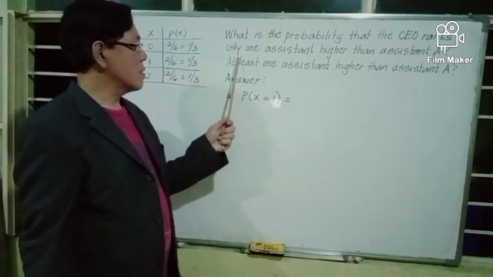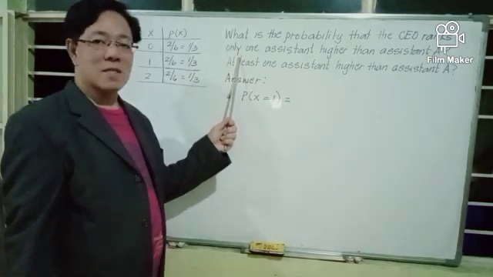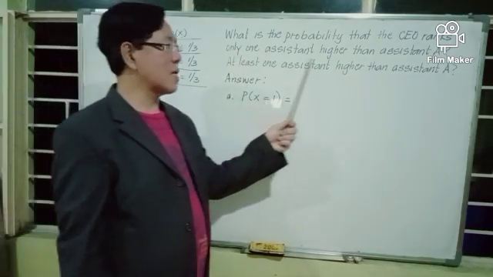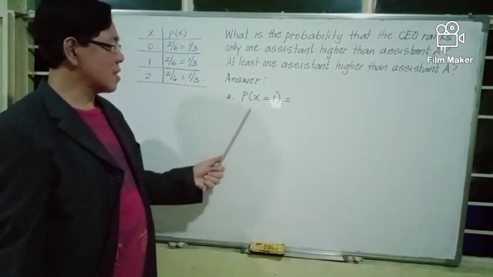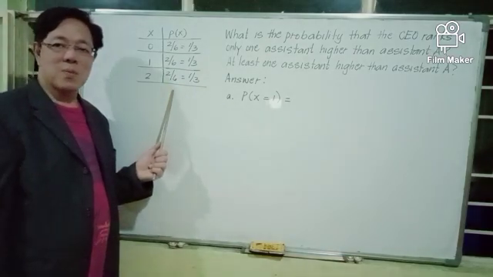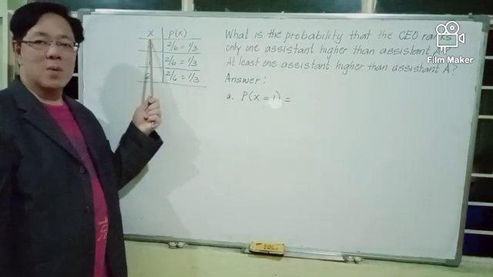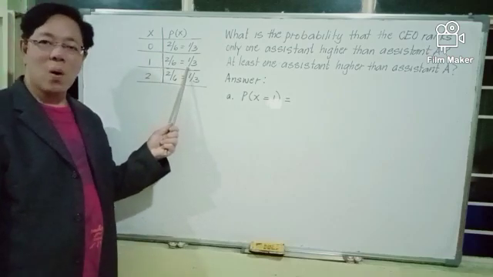That is, only one assistant is ranked higher than assistant A by the CEO. That is the probability that x equals 1 from our probability distribution table. If x is 1, the probability is 1 over 3.